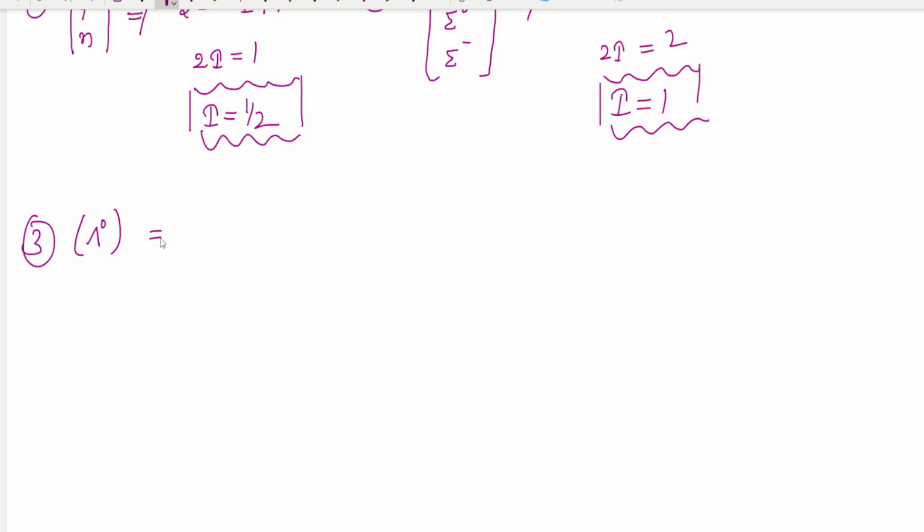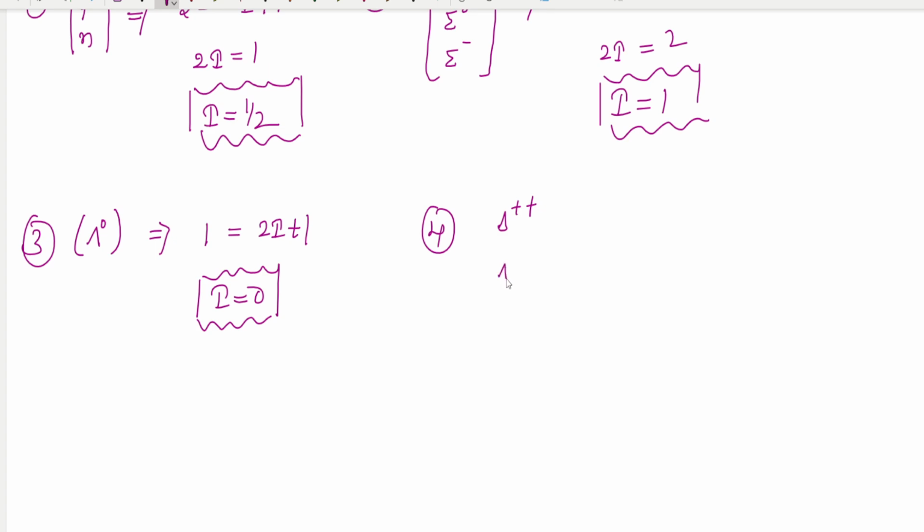Lambda. How many particles are there in this group? One single particle is there. Using the formula 2I plus 1, I is equal to 0. A single particle is there. The next group of four: delta plus, I mean baryon number spin 3 by 2 particles.